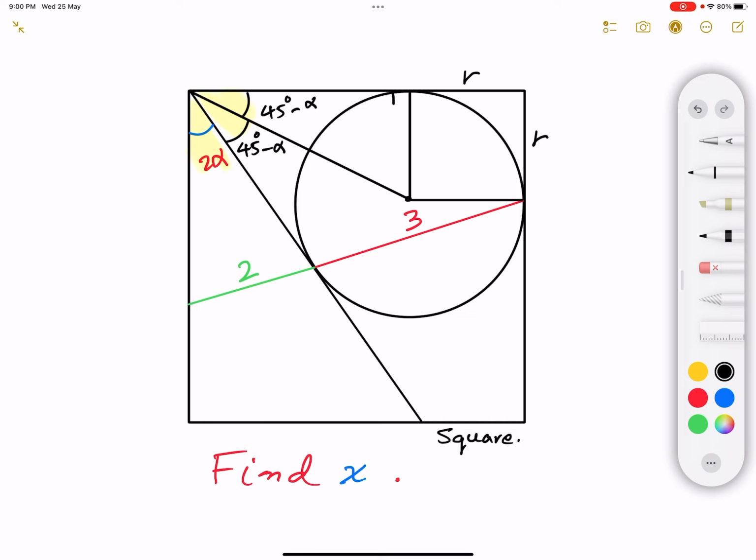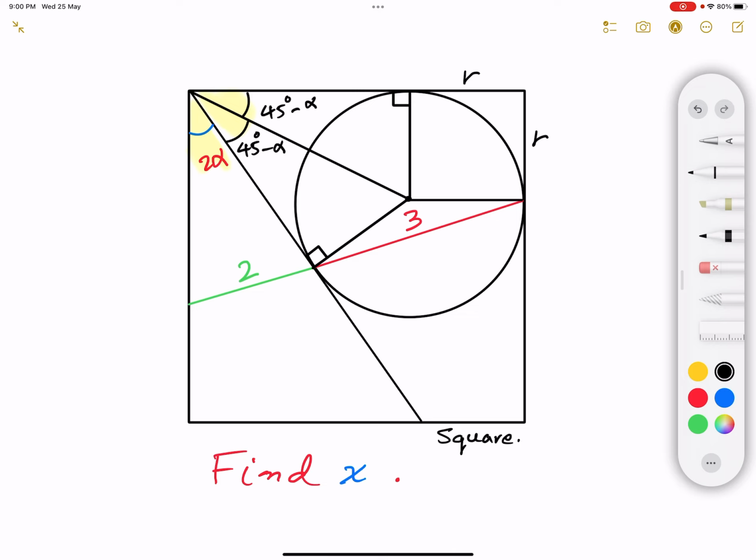And this angle here is a right angle, because the radius is perpendicular to the tangent, and also if we draw a radius here, that is also going to be perpendicular to the oblique line, because they are tangent to each other. So that's also 90 degrees, and this is 90 degrees.